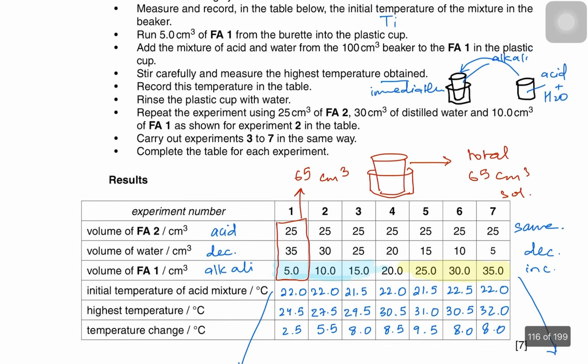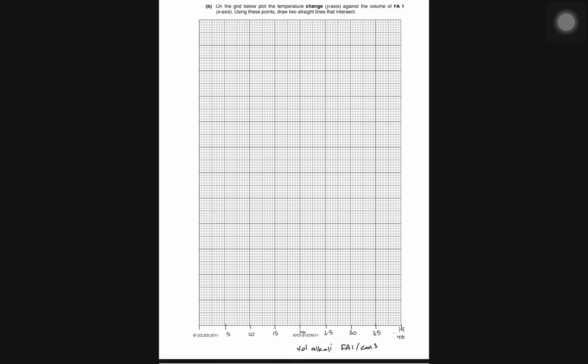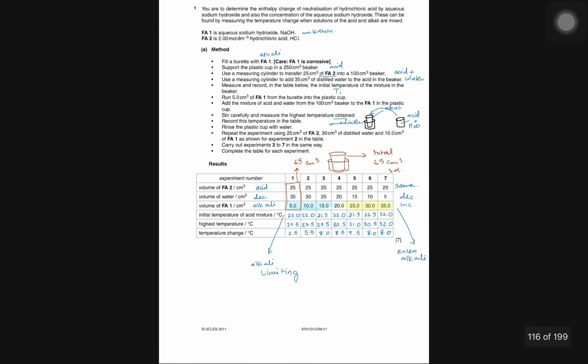The temperature change is from 2.5ish and the maximum it goes is 9.5ish. So we need to pick a scale which involves all these values. I can pick 1, 2, 3, 4, 5, 6, 7, 8, 9, 10, and this is the change in temperature / °C.